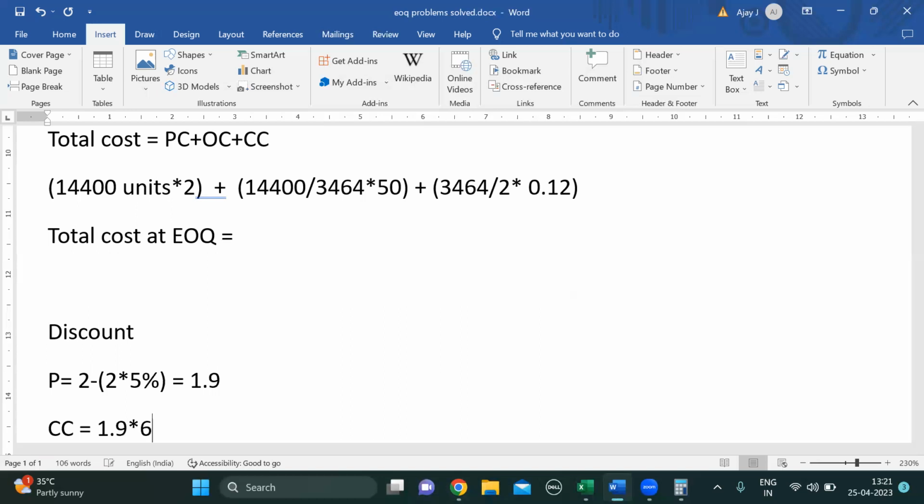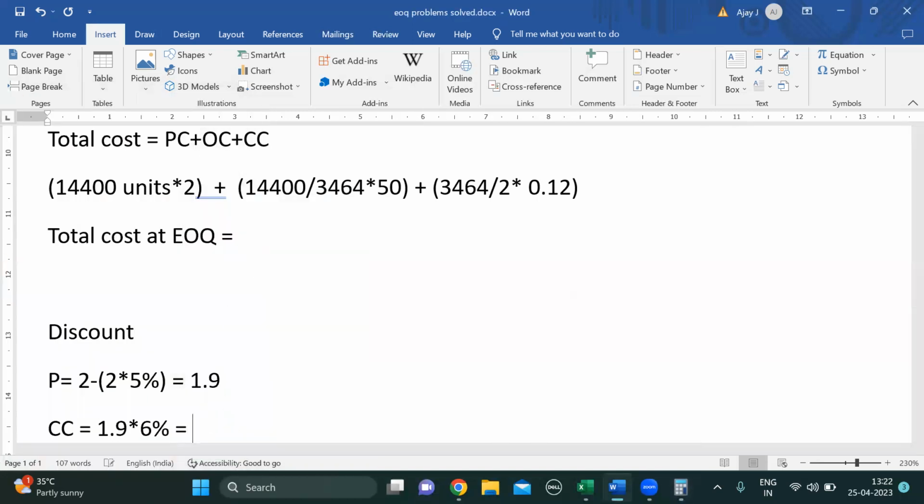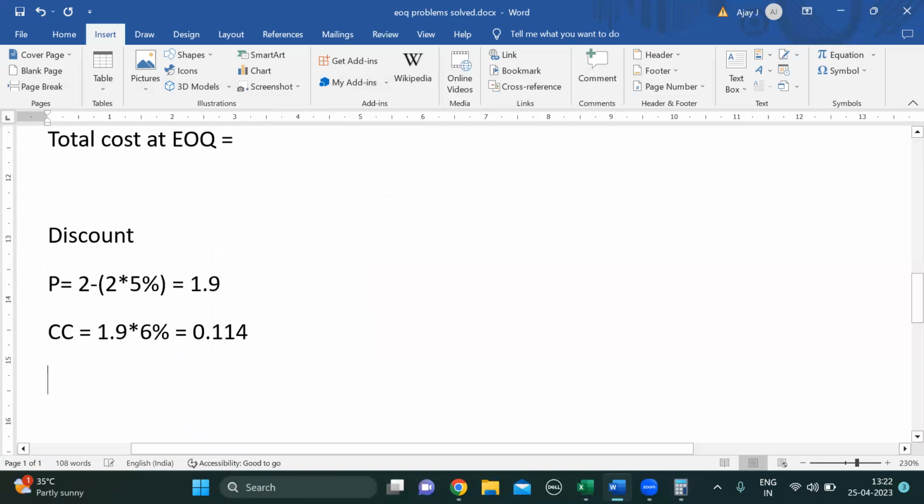So on 1.9, I'll find 6%. 1.9 into 6% will do into 0.06. 0.114 you get as carrying cost. Earlier it was 0.12.